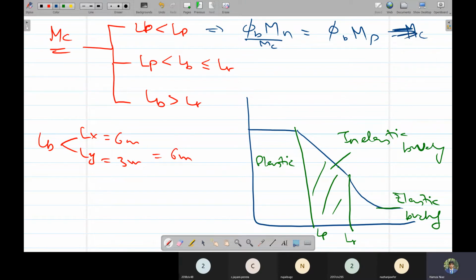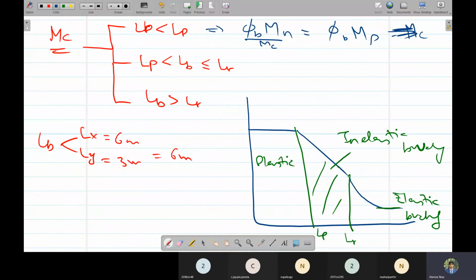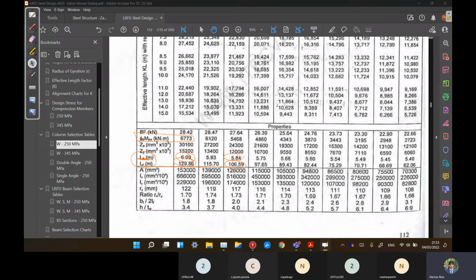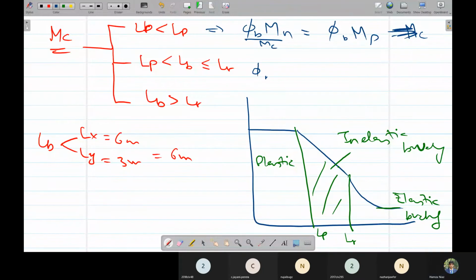If our LB is in between LP and LR, for example, if this was our section selected, our LB of 6 meters is greater than the plastic length, but it is less than this LR. So we are going to use a different formula here. We can check it from here. It is phi b Mn is equal to phi b Cb into Mp minus BF times LB minus LP.